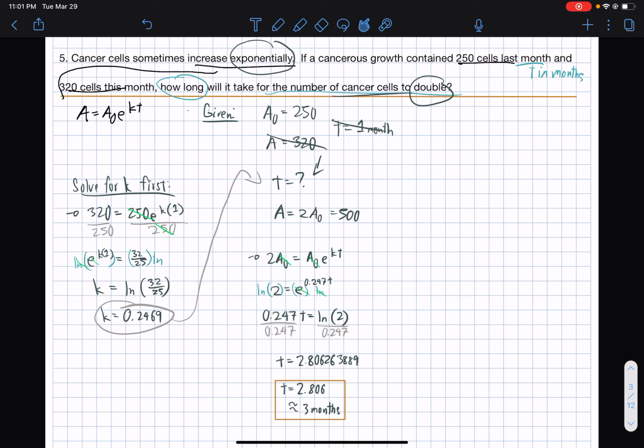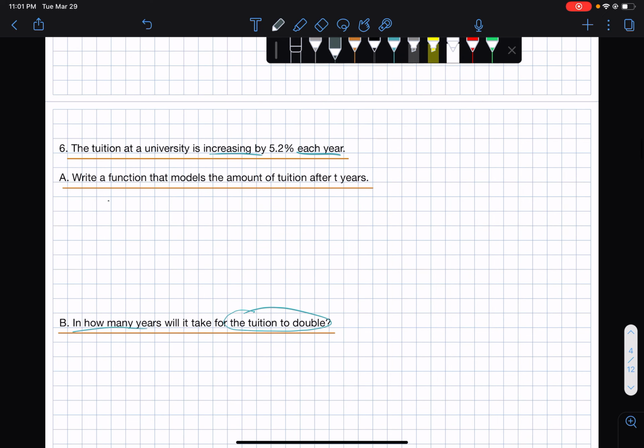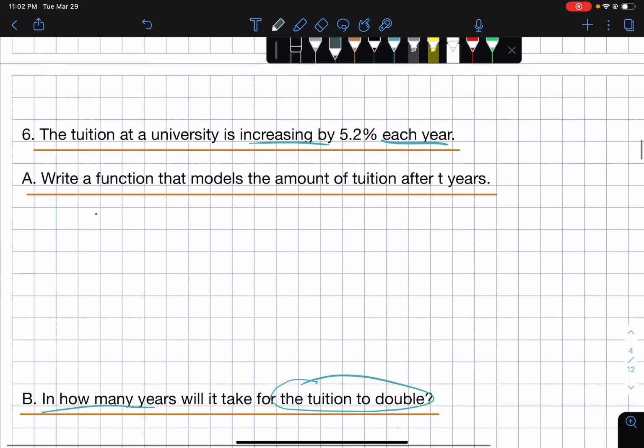Let's move to number 6. We're halfway through. The tuition at a university is increasing by 5.2% each year. So I think there's no sign of stopping. I think the rate is constant.